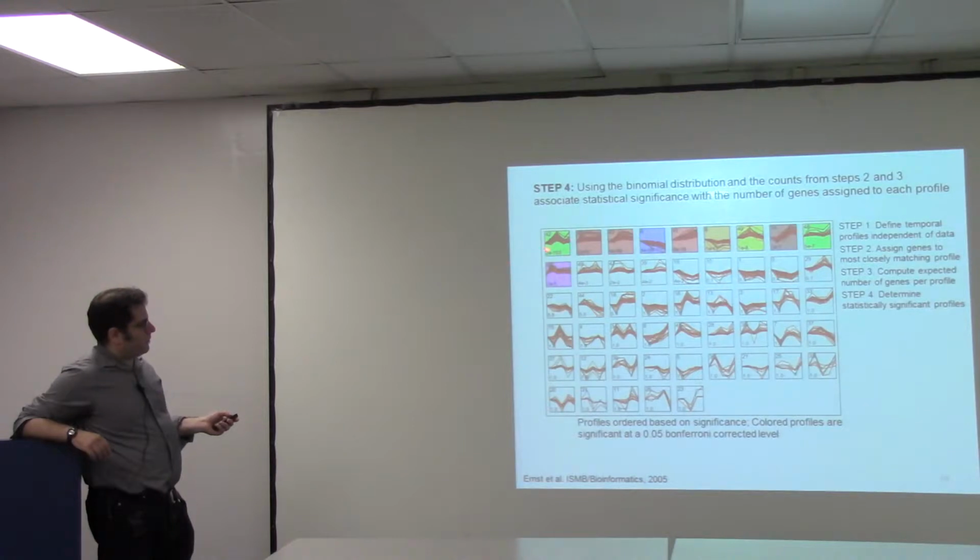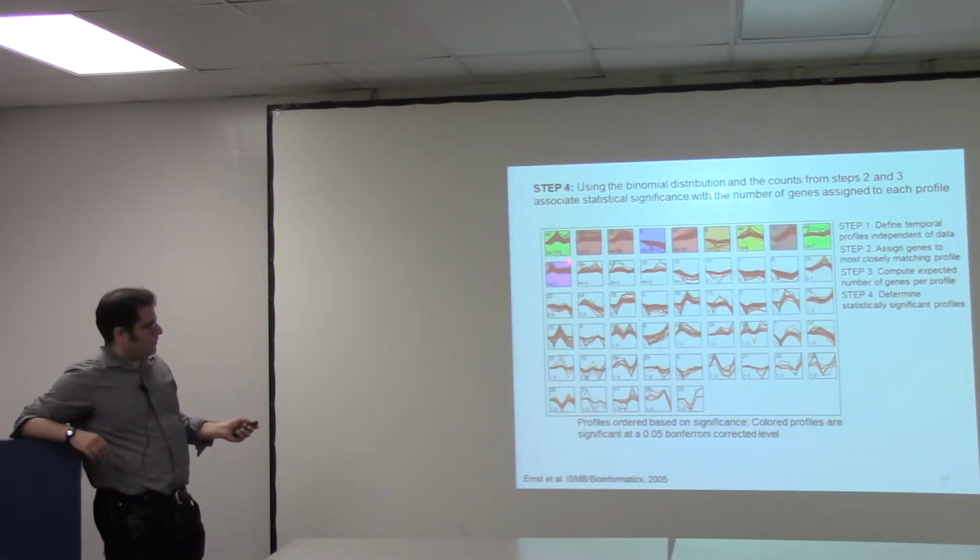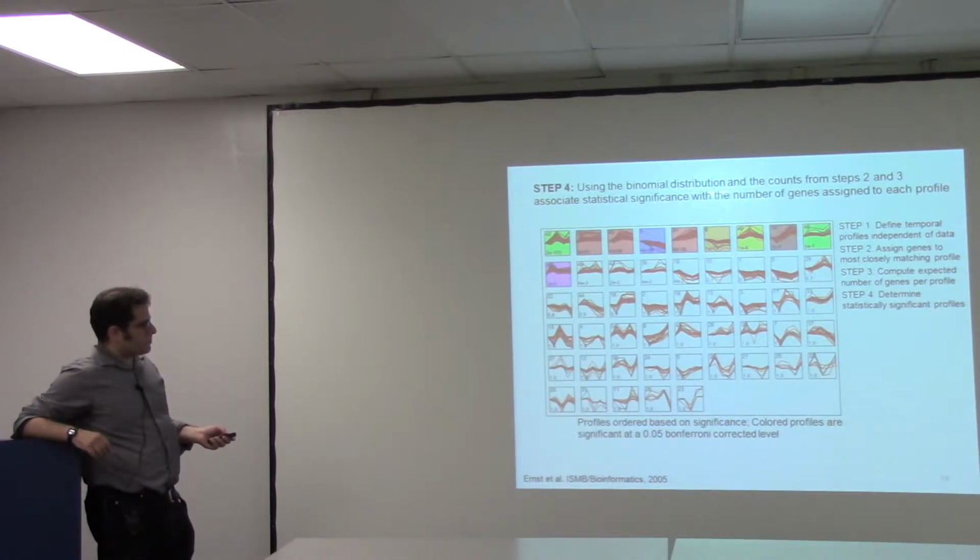And now what I've done is I've ordered the profiles based on their statistical significance, and also, as a post-processing step, one can color profiles that are both statistically significant and similar to each other the same color. And then once you have a clustering or a set of profiles, you can go in and start comparing them to gene annotation.